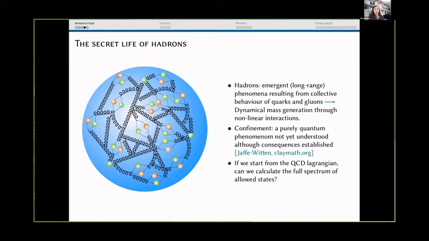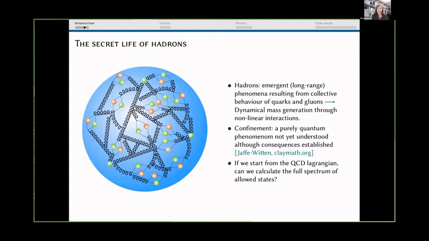And confinement, of course, we know, is a purely quantum phenomenon, and it's not understood in the sense that there isn't a mathematical framework or mathematical proof for this, although its consequences are long established. And for example, through experiment and through lattice calculations, confinement is realized and understood in that way.